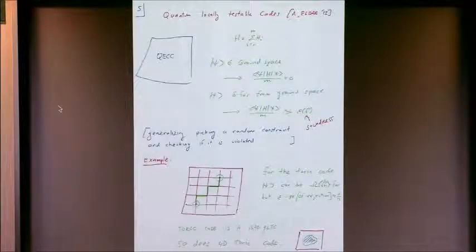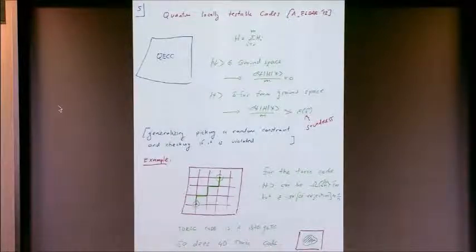So, for example, let's look at the toric code. Like Matt explained last talk, the qubits are set on the edges, and you can have errors along, say, all the edges of this green line.